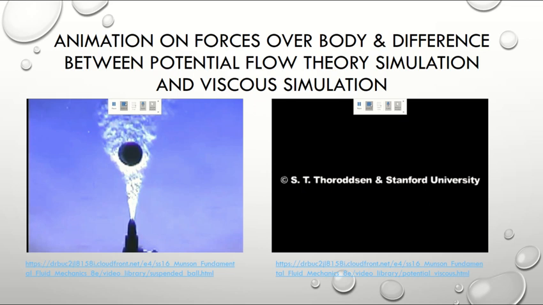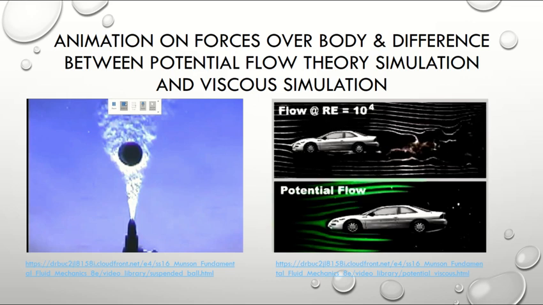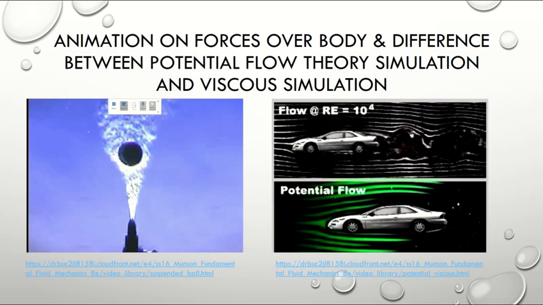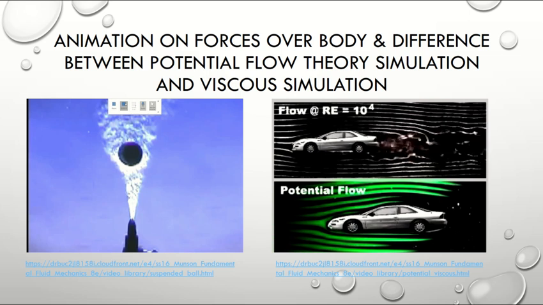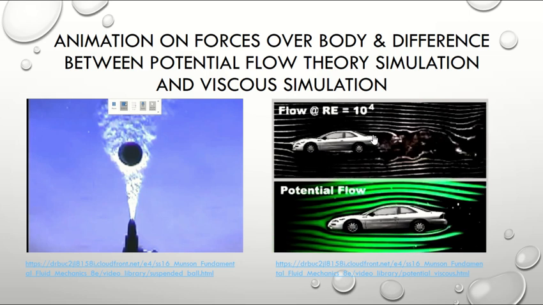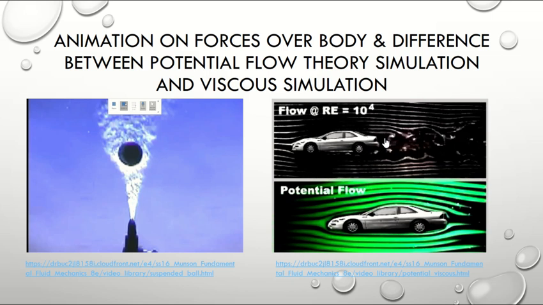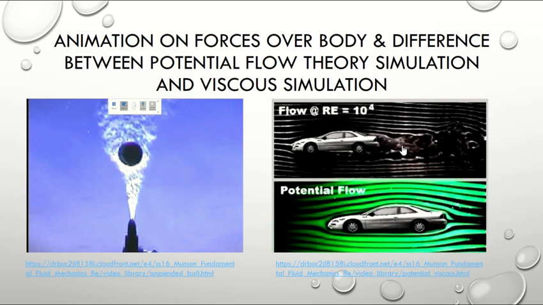Clearly, the potential flow provides a reasonable approximation for the flow on the front part of the body, but completely misses the flow separation and unsteady turbulent wake region downstream of the car. So as you can see, there is flow separation and unsteady turbulent wake behind the car, but for the potential flow theory, this is not captured.